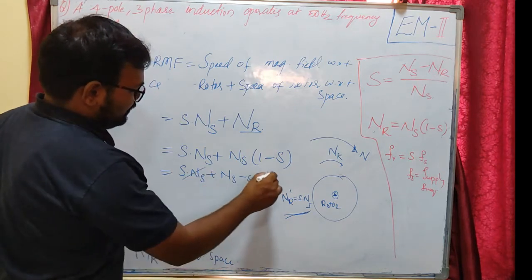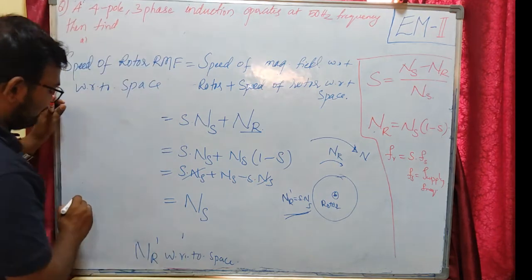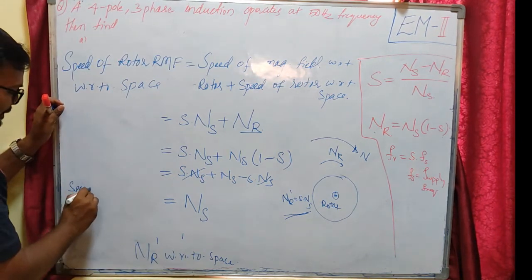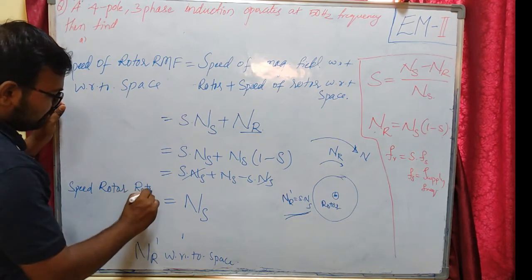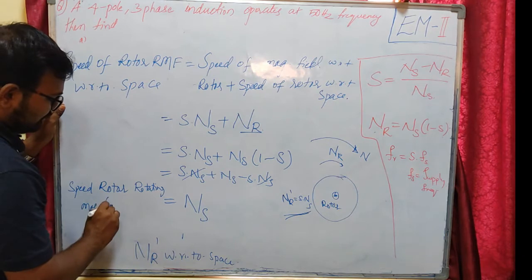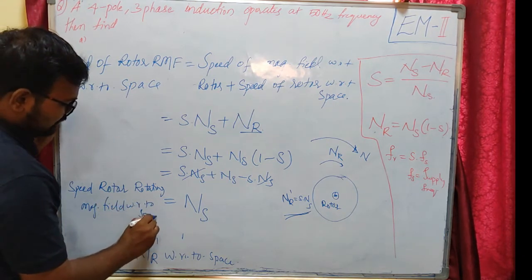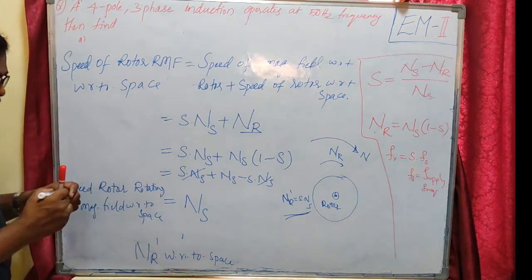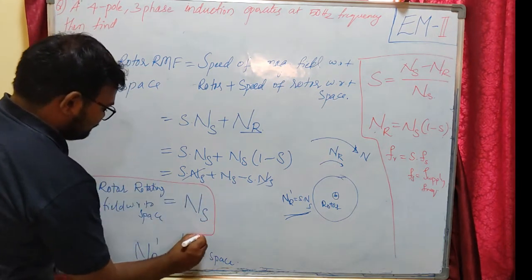So, these two can be cancelled. Now, we got the speed of rotor rotating magnetic field with respect to space equal to Ns. So, what did you observe from this?